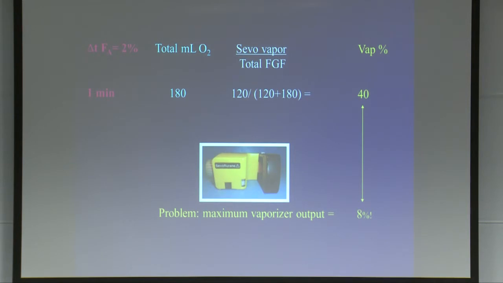If I want to have 2% in 1 minute, I'm going to have to add the 120 milliliters of sevoflurane to the 180 milliliters of oxygen, which combined is 300 milliliters, so 120 milliliters vapor in a total of 300, which is 40%. Problem, our vaporizer only goes up to 8%.